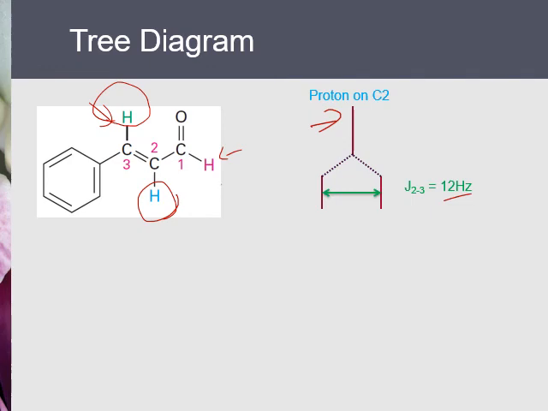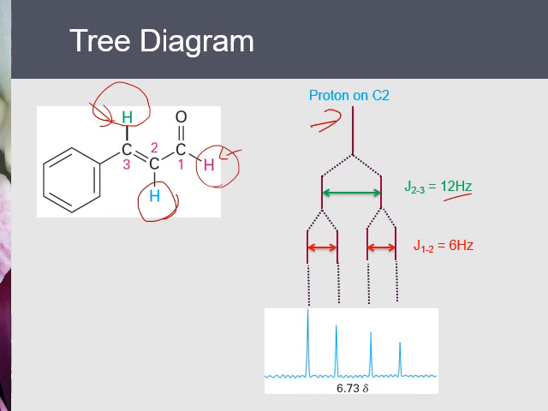Now we add number 1 hydrogen. Again, from the last slide, we know the coupling constant from 2 to 1 is 6. So each line will split into 2 lines, and the distance is 6. From this, we can predict that number 2 hydrogen will have a splitting pattern with 4 lines.